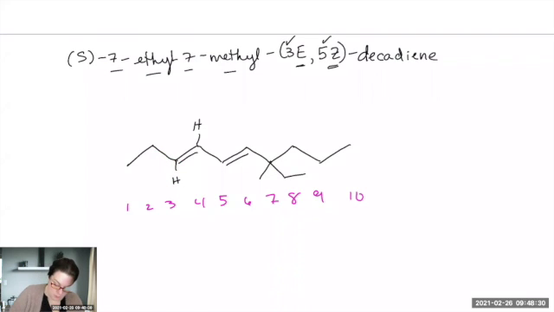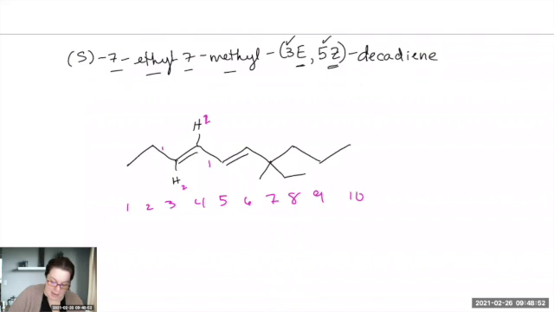So our carbon gets 1, hydrogen gets 2. At the other end, on carbon 4, we have a hydrogen and a carbon. Carbon gets highest priority. The hydrogen gets priority 2.